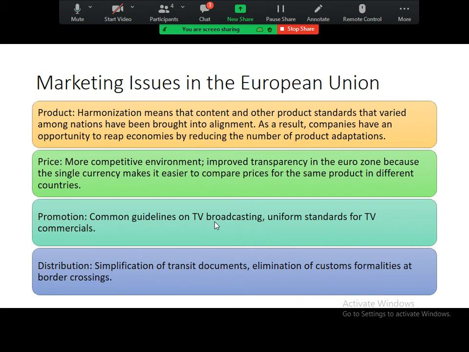The enlargement of the European Union will further impact marketing strategies. For example, food safety laws in the European Union are different from those in some of the Central European countries. As a result, Coca-Cola delayed launching its Powerade soft drink and other beverage products.